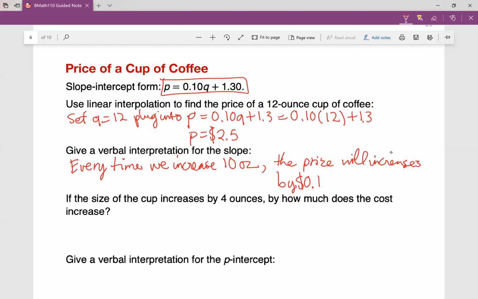Actually, it should be 1 ounce, better. Every time we increase 1 ounce, the price will increase by $0.1. Okay.